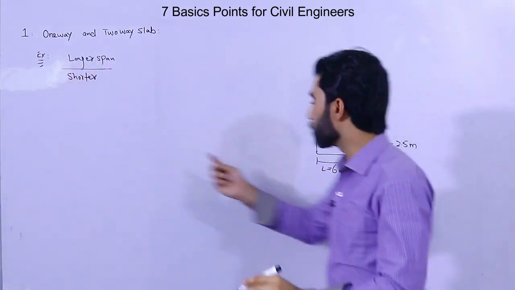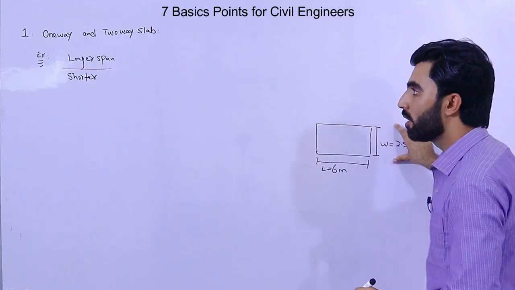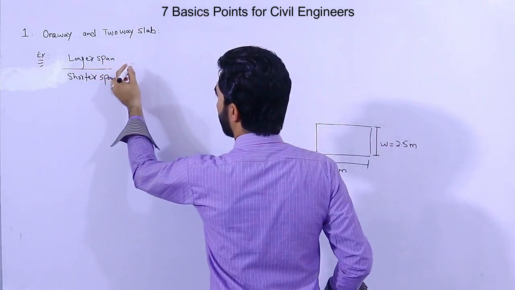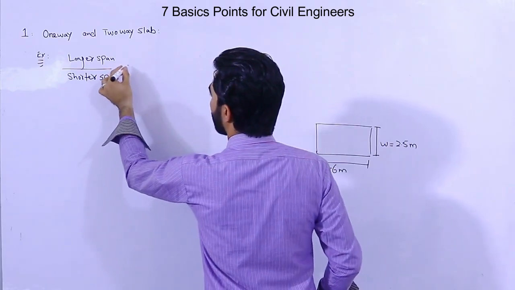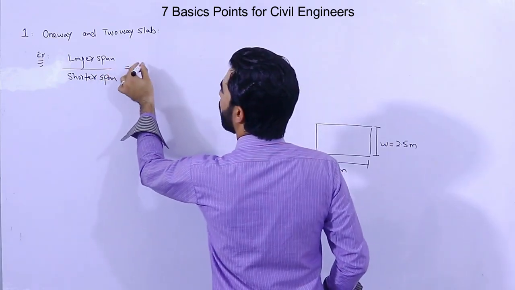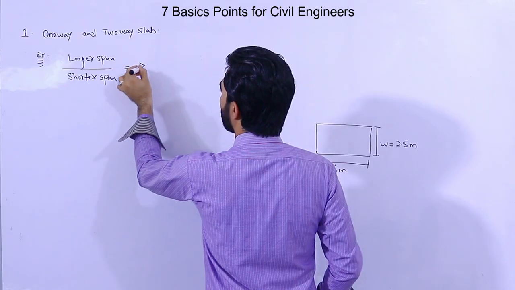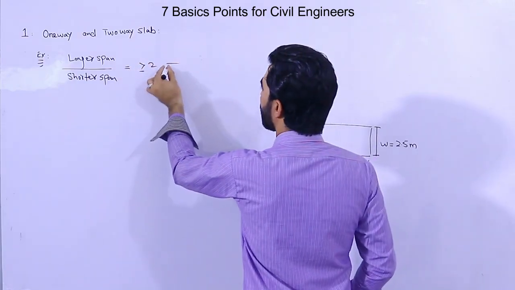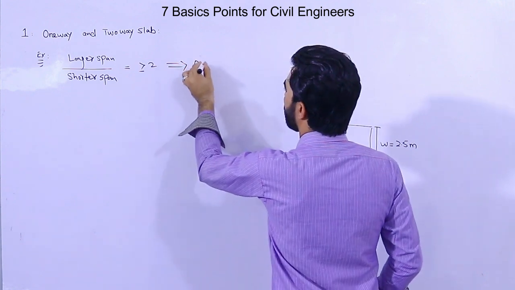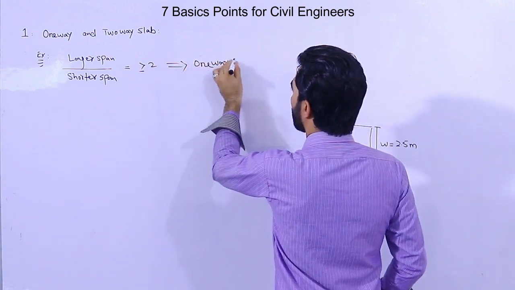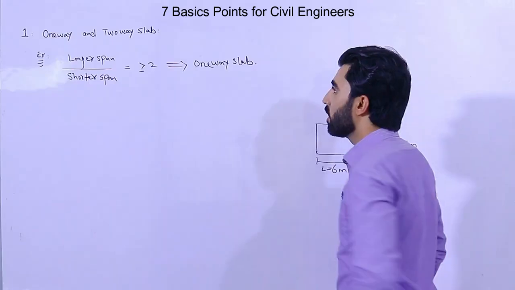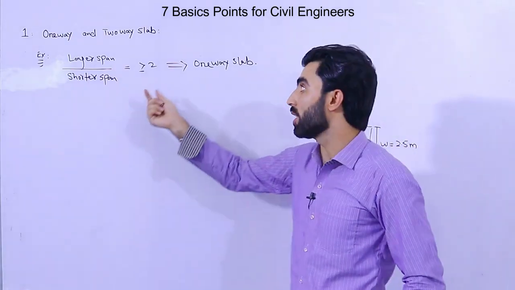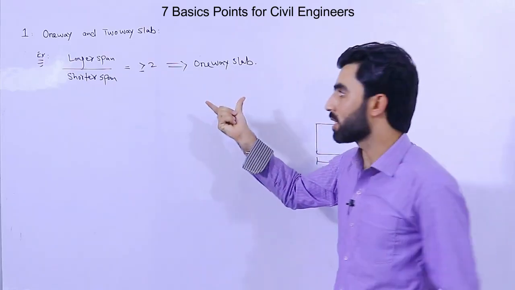The longer span should be divided by the shorter span. If the value is greater than 2, then this is a one-way slab.